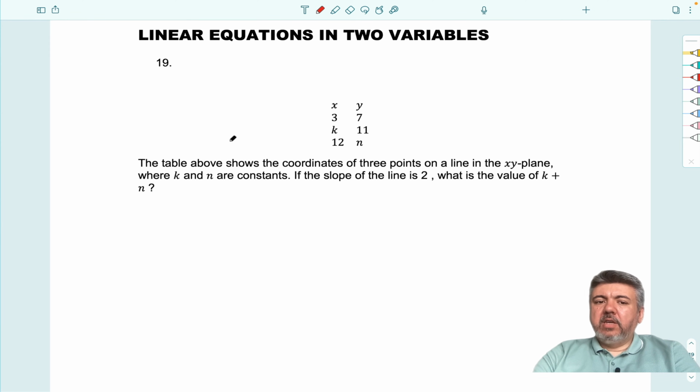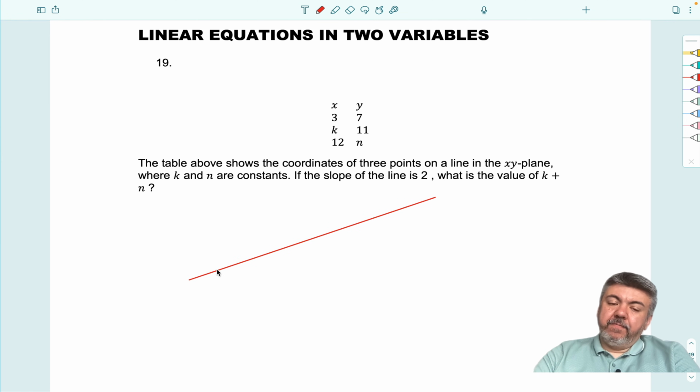Question 19. The table above shows the coordinates of 3 points on a line in the xy plane where k and n are constants. If the slope of the line is 2, what is the value of k plus n? From here, what I understand is we have 3 points on the same line. It doesn't matter which one is where.